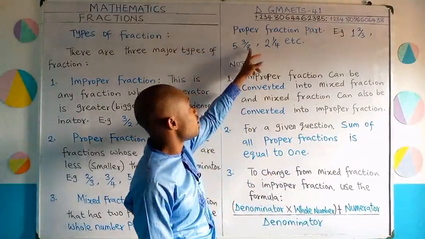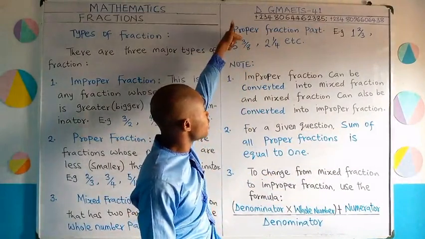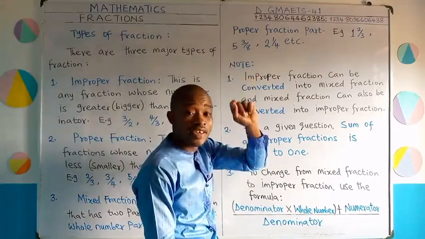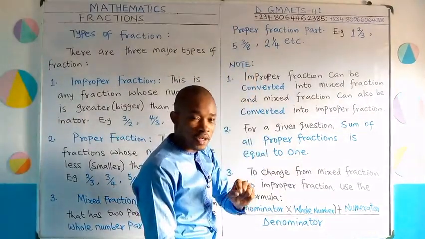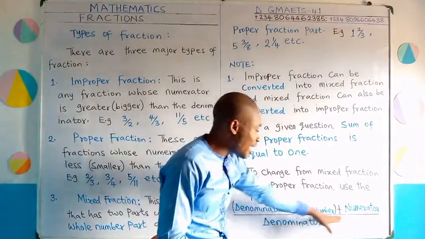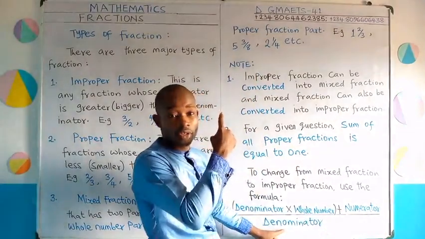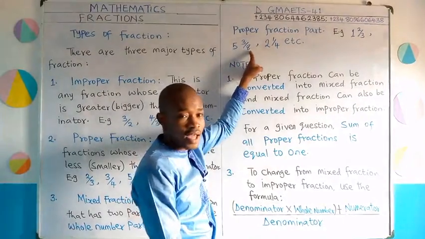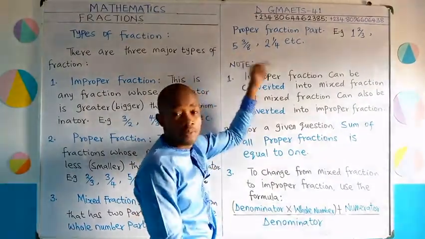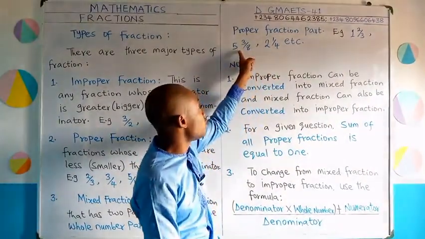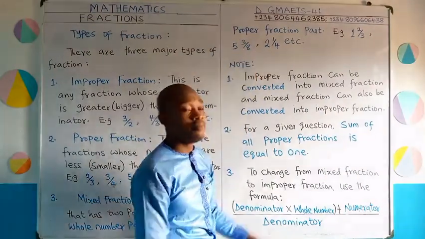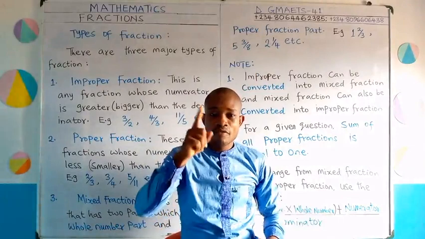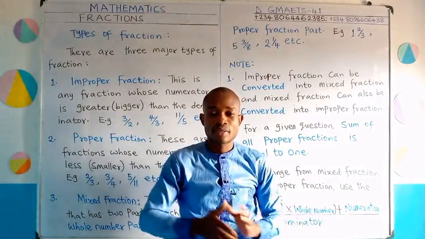So the 40 that I got, I will add it to this numerator, which is 3. 40 plus 3 will give us 43. Then divide that by the denominator. So it's going to be 43 divided by this 8. I have changed this to improper fraction. It simply means 5 whole number, 3/8 as a mixed fraction, if you change it to improper fraction, you would get 43/8.